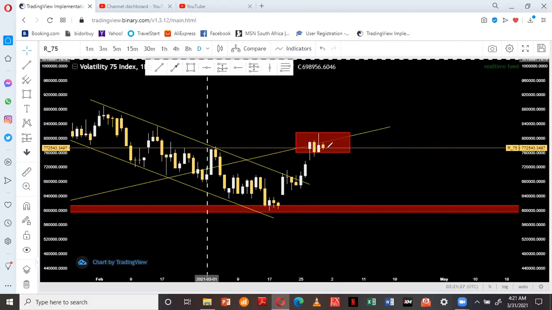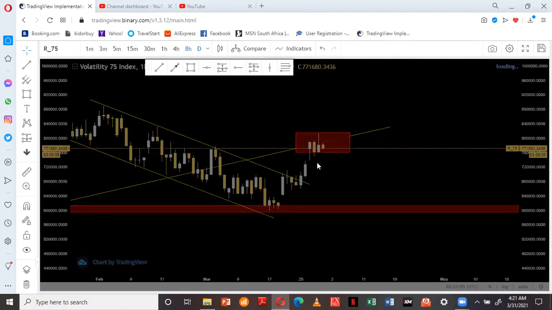We shall wait for this candlestick to close below here, and we enter on our second candlestick down. Why? Because it will be indicating bearish engulfment.